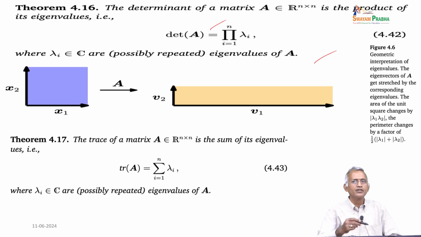The area of the unit square changes by the modulus of lambda 1 lambda 2, and the perimeter changes by half into modulus of lambda 1 plus modulus of lambda 2. The trace of matrix A in n cross n is the sum of the eigenvalues: trace of A equals the summation i equal to 1 to n of lambda i, where lambda i in C are the eigenvalues of A.